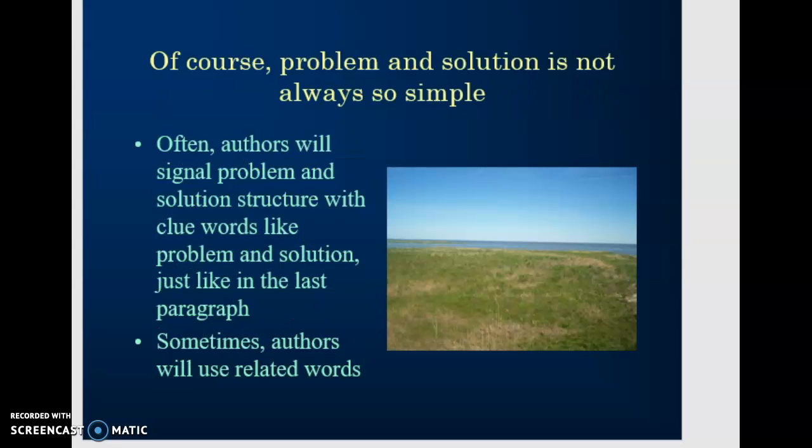Sometimes a problem and a solution is not always that simple. Often, authors will signal problem and solution structure with clue words like problem and solution, just like in the last paragraph. But sometimes the authors will use related words.